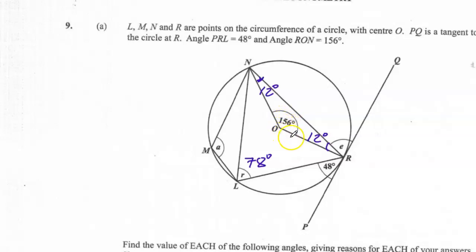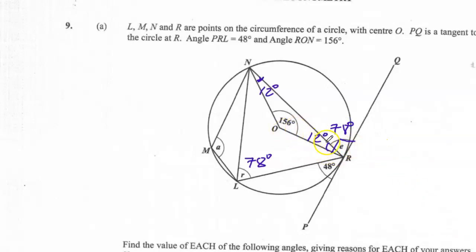Also, the angle between the radius and the tangent is 90. So this angle between OR and the tangent is a right angle, 90 degrees. So if this is 12, then angle E would have to be 90 minus 12. So angle E would have to be 78 degrees. There are actually two reasons, right?